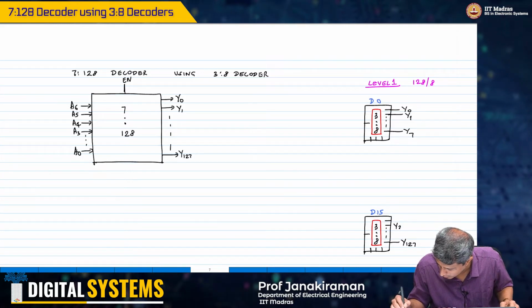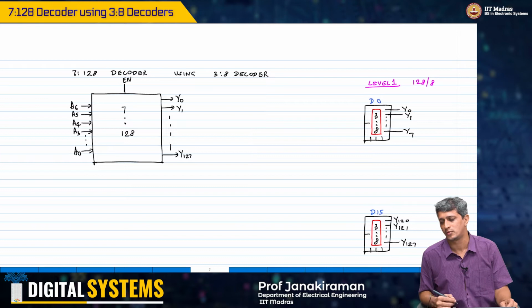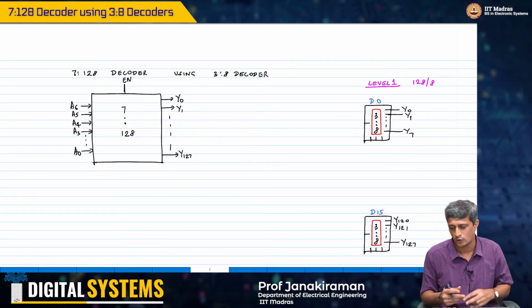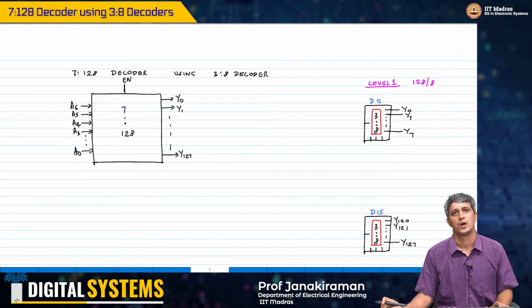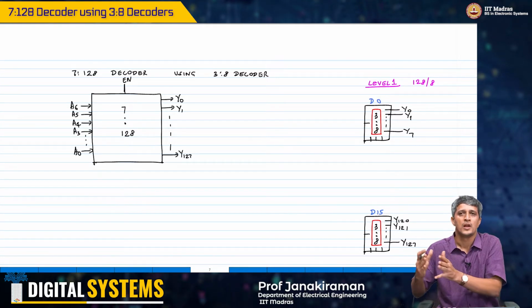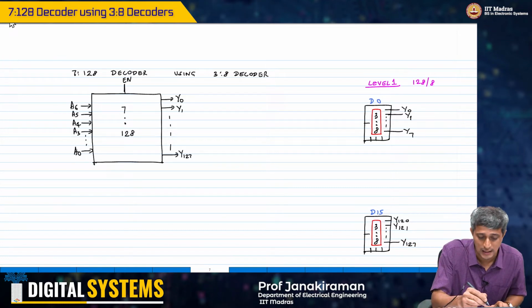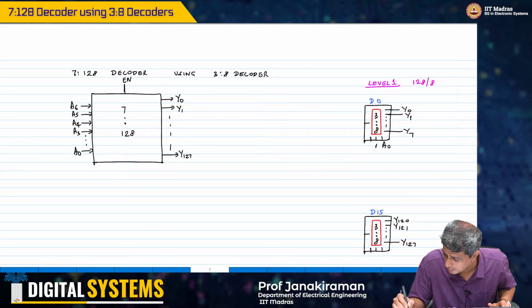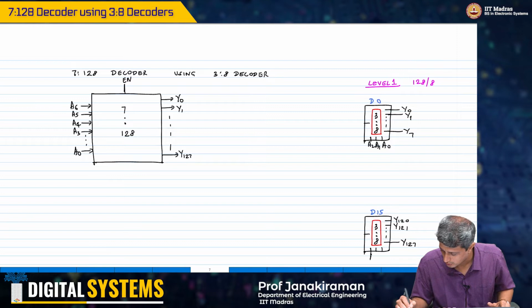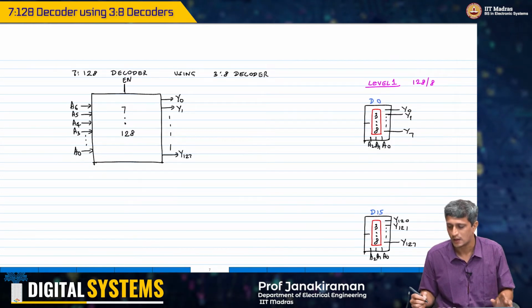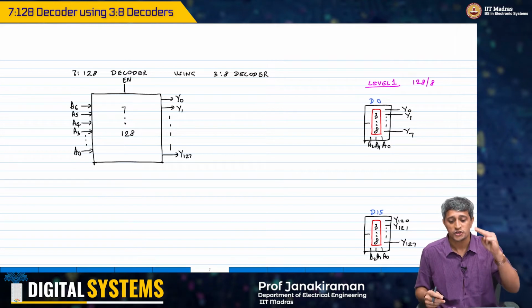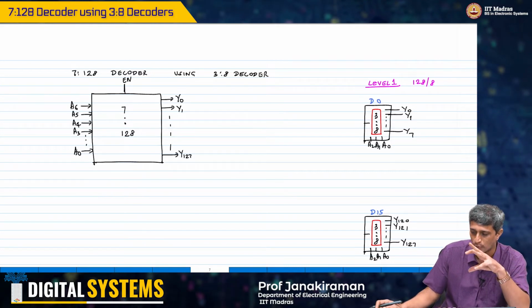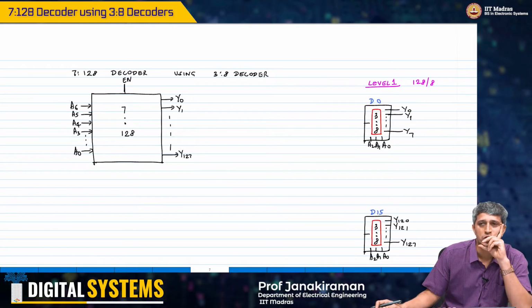Yes, it should be this, because 120 is indeed divisible by 8. So this is how I get the decoders at level 1, closest to the primary outputs. A0, A1, A2 connect the same way to each. And now, which bits are going to enable each of these decoders?